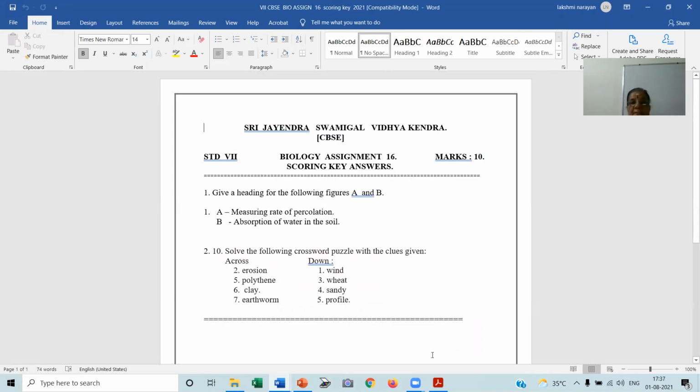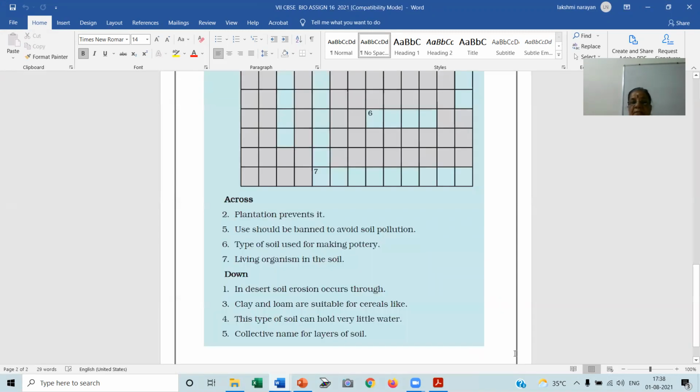Whereas down: wind, weight, sandy, profile. I repeat, remember it: wind, weight, sandy, profile. In desert, soil erosion occurs through wind. Okay?